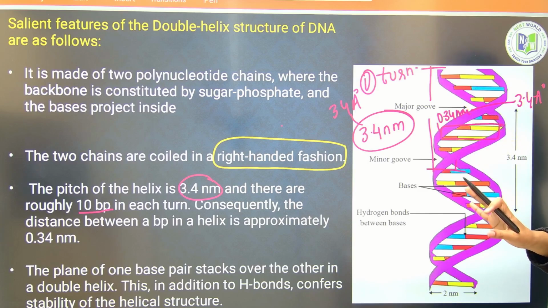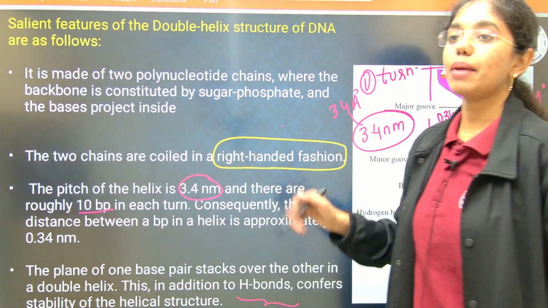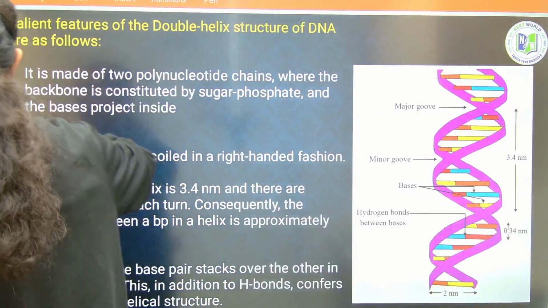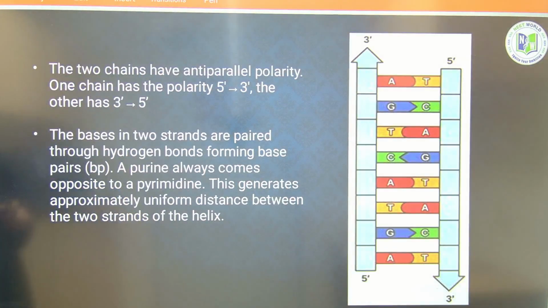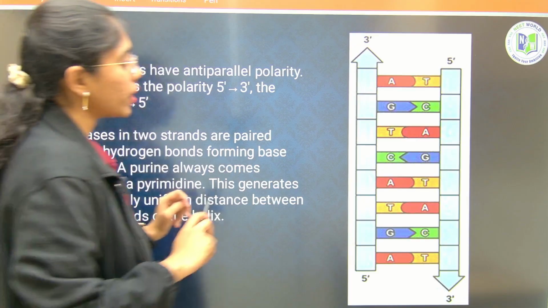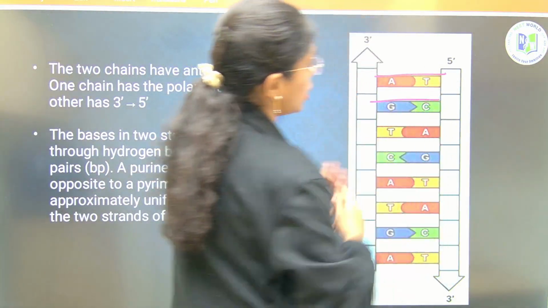Remember that. The plane of one base pair stacks over the other in a double helix. This, in addition to hydrogen bonds, confers the stability of the helical structure. Now, the two chains will always run anti-parallel to each other. One strand runs from 5' to 3' and the other from 3' to 5', and the strands are complementary to each other.